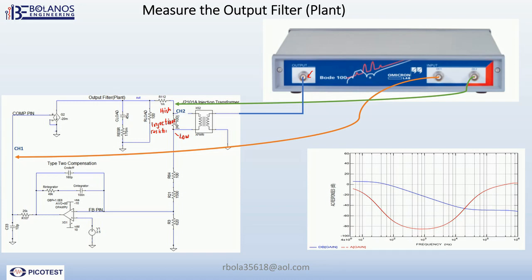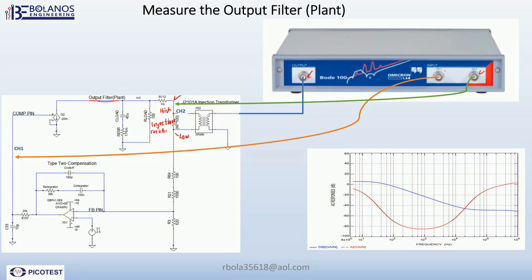Now to measure the output filter, what we want to do is measure the transfer function of your output filter. So we're going to connect channel 2 to the high side of the resistor right there.